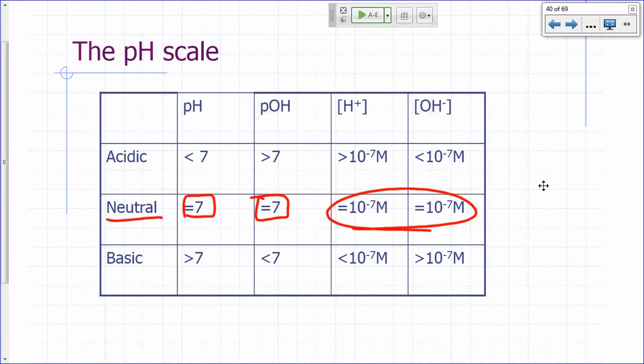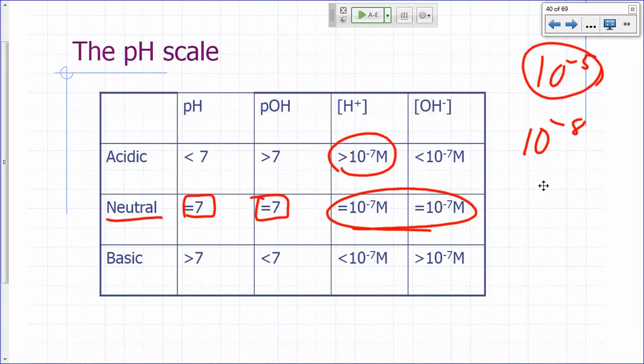How do you get an acidic solution? If your H plus is higher than 10 to the negative 7, what's a number that's higher than 10 to the negative 7? Example, 10 to the negative 8? That's lower, right? So 10 to the negative 5 is an example of a number higher than 10 to the negative 7.